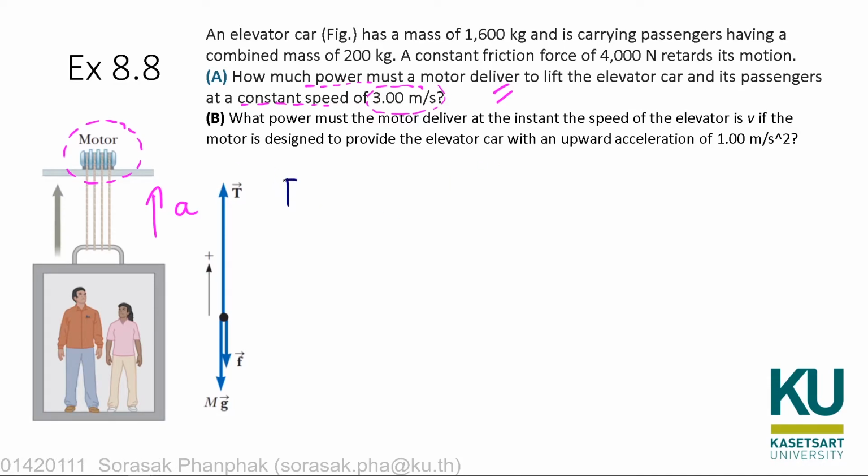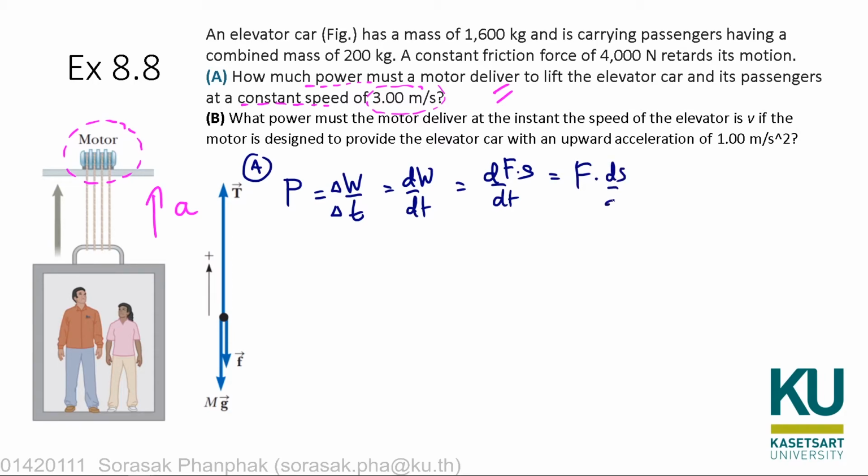As P equals work over t, dW over dt is P, and we derived this as F ds by dt, or Fv, is the way to determine the power.